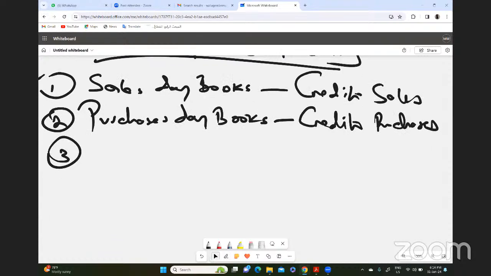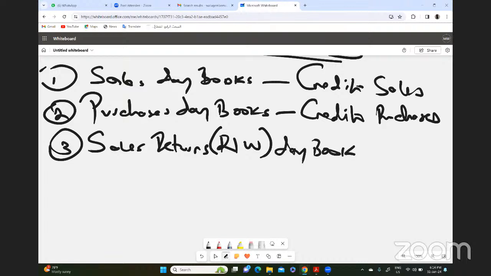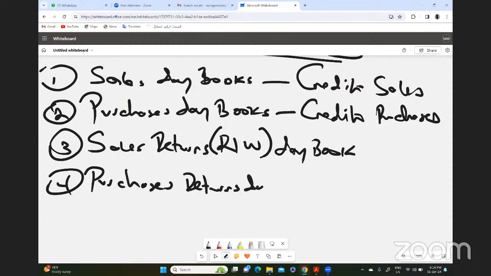Number three, the sales returns book, what we call returns inwards. That one records returns on sales, when we sell and then some goods are returned back to us. Then the purchases returns book, or returns outwards.